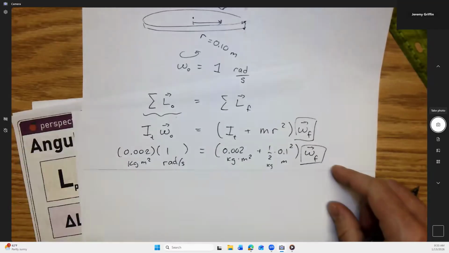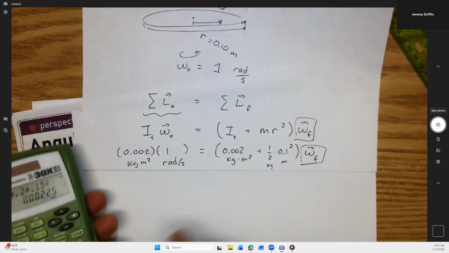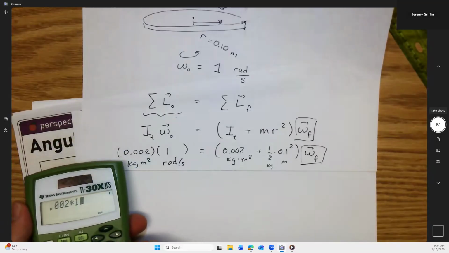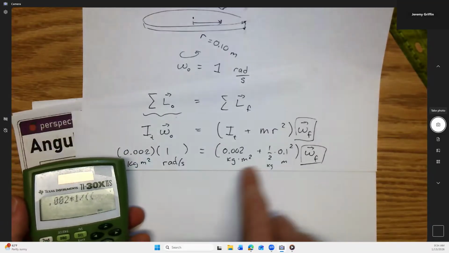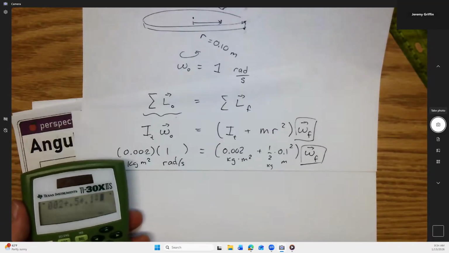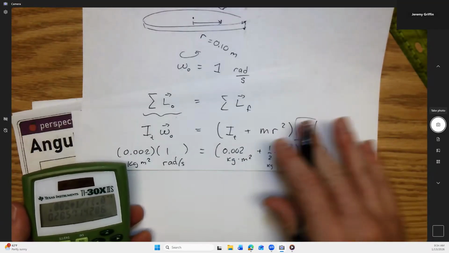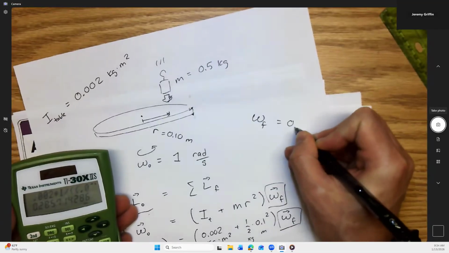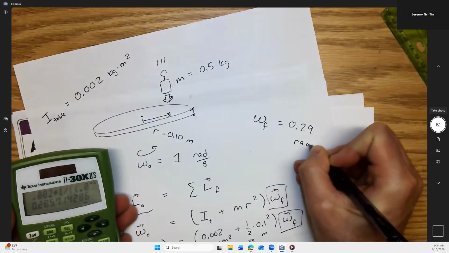I'll fill this in my calculator and I think I can beat the bell on this. 0.002 times 1, divided by, in parentheses, 0.002 plus 0.5 times 0.1 squared. I'm getting omega final equals 0.29 radians per second.